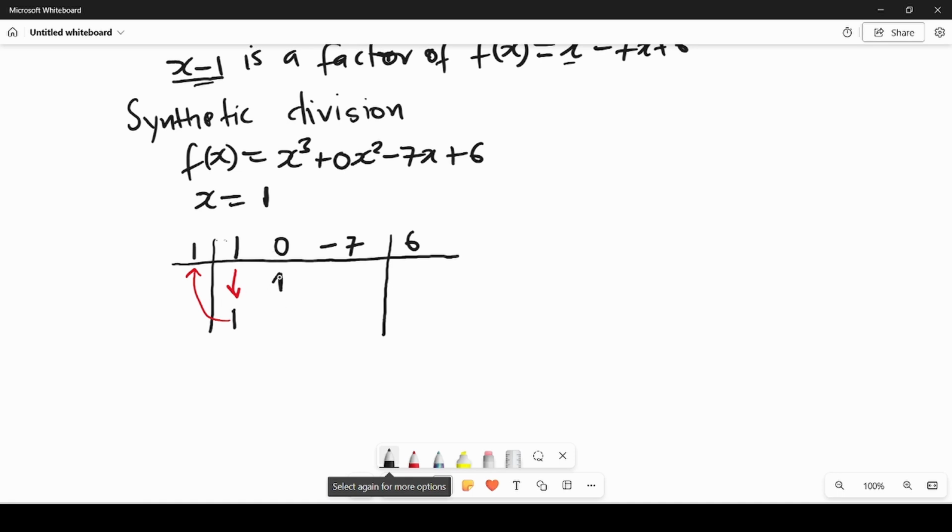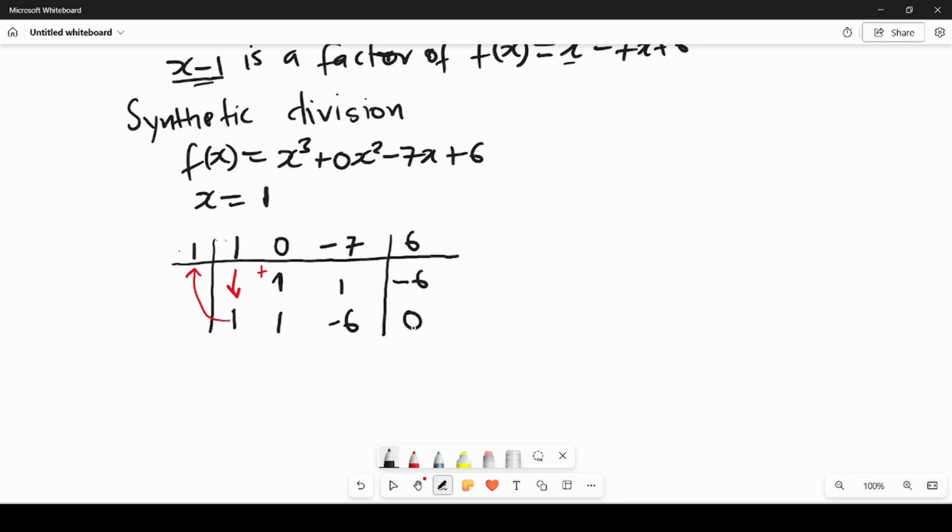Then you add: 0 plus 1, you get a 1. Again, you repeat: 1 times this 1 gives you 1. Then negative 7 plus 1, you get negative 6. Negative 6 times this 1 gives you negative 6. Then positive 6 plus negative 6, you get 0.